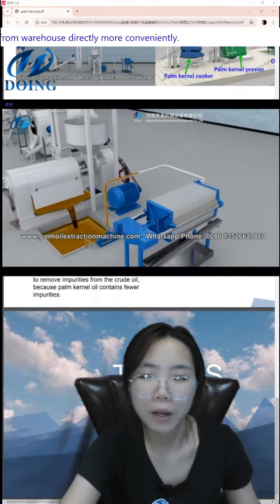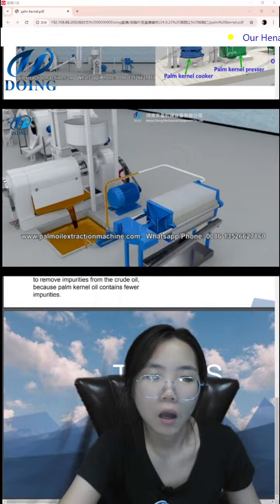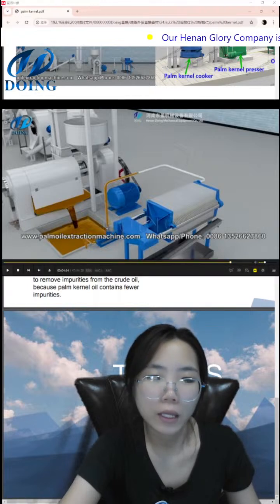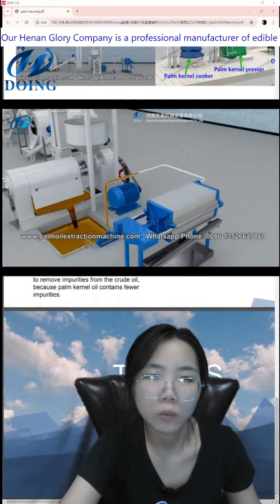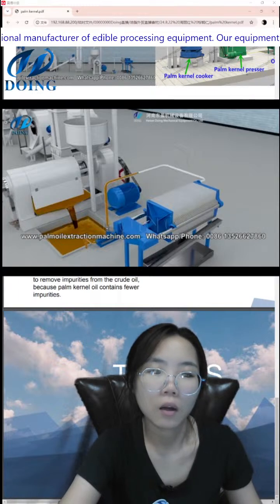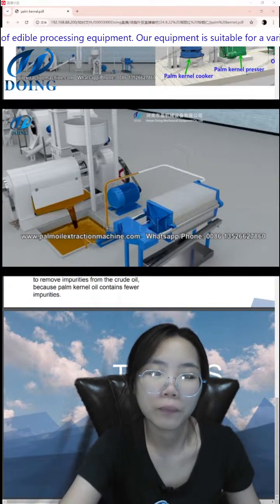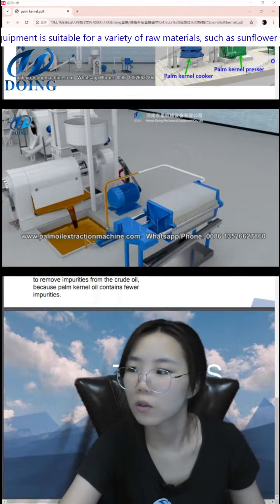The pressed crude oil is pumped into the plate filter to remove small impurities and absorb the water. This results in cleaner crude oil and longer storage time.